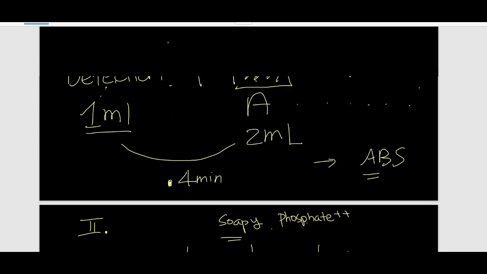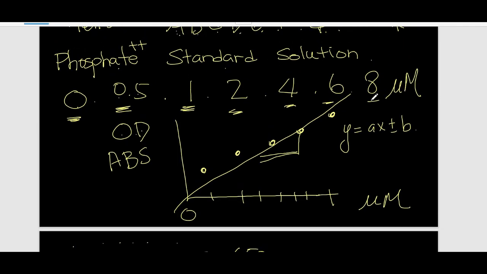So we go to this graph, and we do not know the x-axis, but we have the y value, which is the absorbance. So you plug it in here and we solve. This is the algebra. We will use the algebraic equation and solve for x, and then you can find out how much phosphate is in your sample.